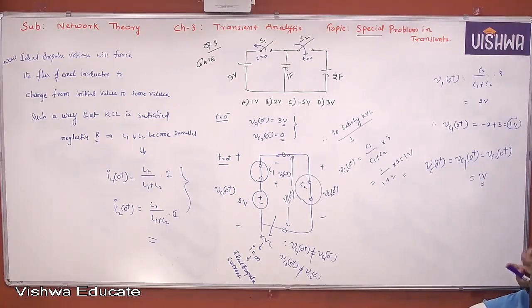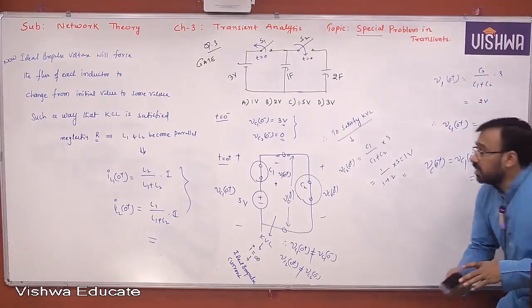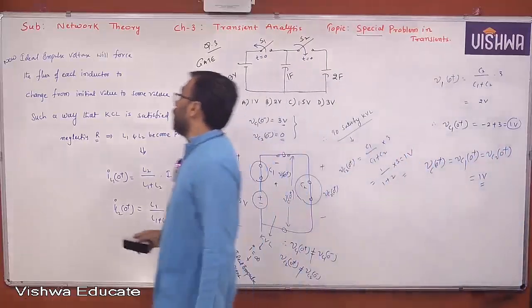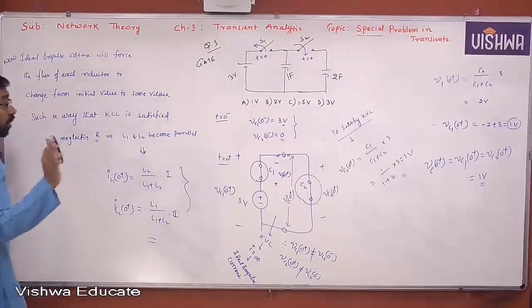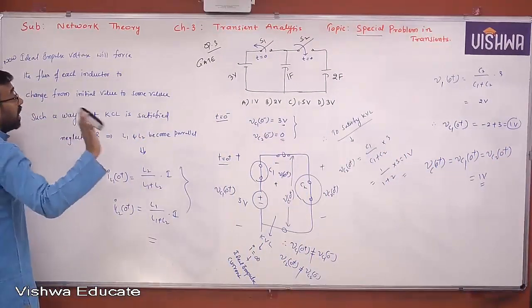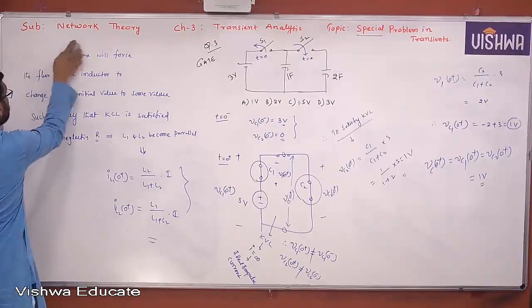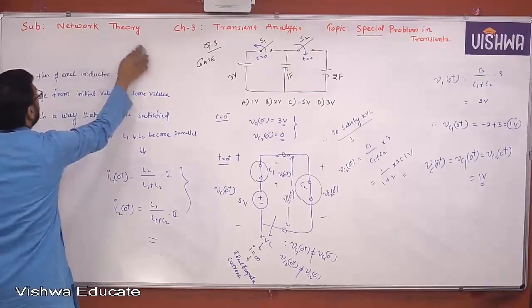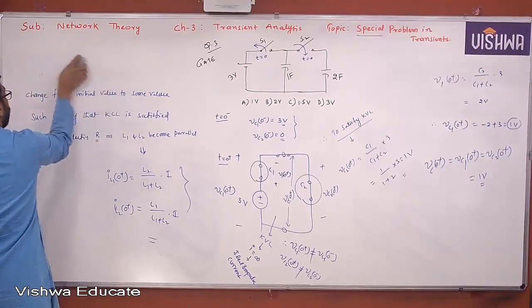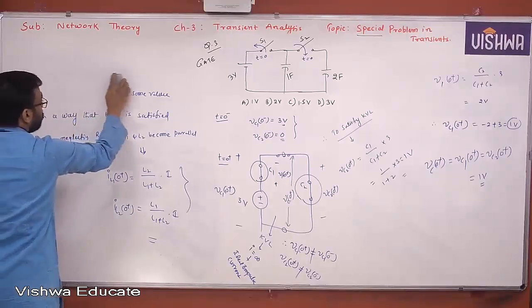So this problem was asked in GATE. I think you understand the importance of the discussion we had before discussing this problem. We had a lot of discussion on how to really proceed with the initial conditions. So now you feed the updated method in your mind to find 0 plus conditions.